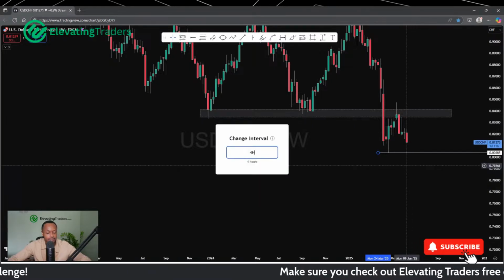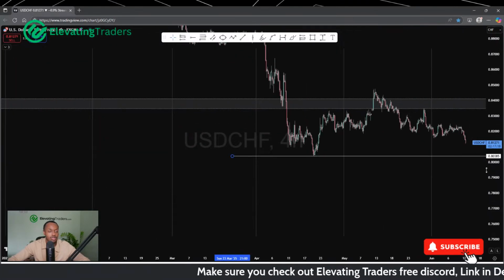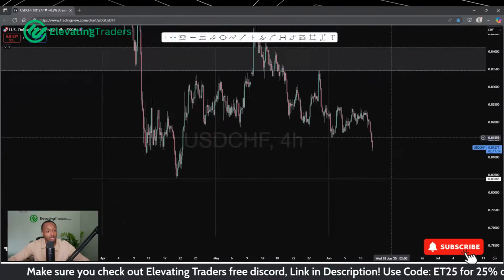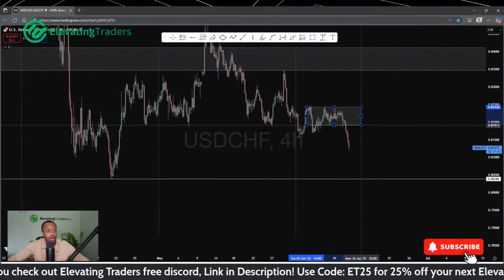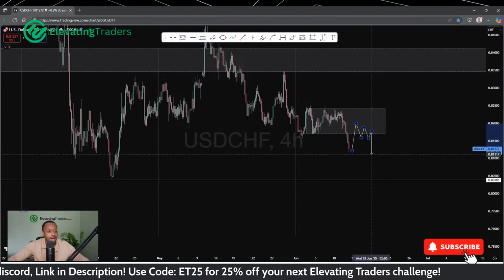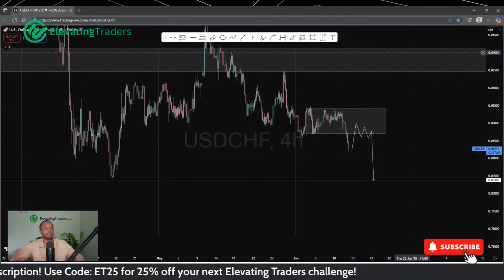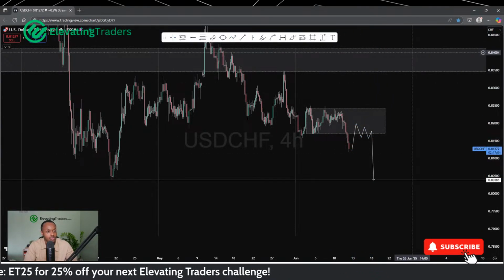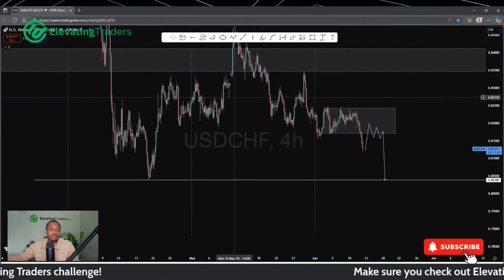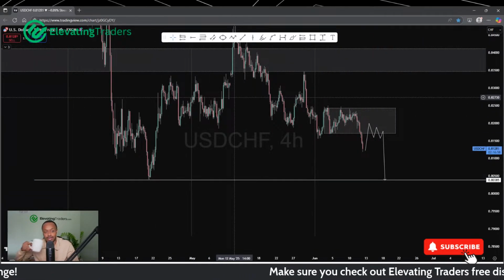Looks like price is about to take out those lows there as well. So yeah, I think shorts look good here for dollar CHF. I think a pullback into this area looks good, the lower high continuation off the back of that. I think that lines up with some shorts very nicely. And then a push back down to 0.80385. It looks like a likely destination.